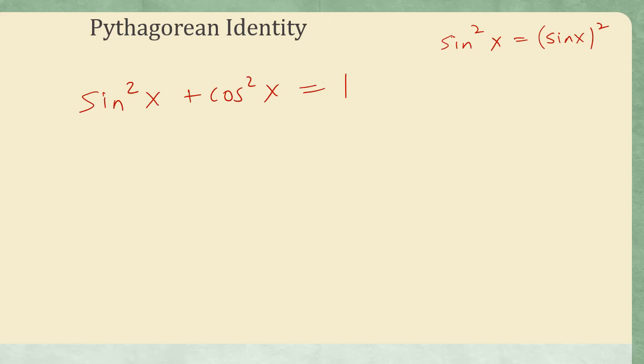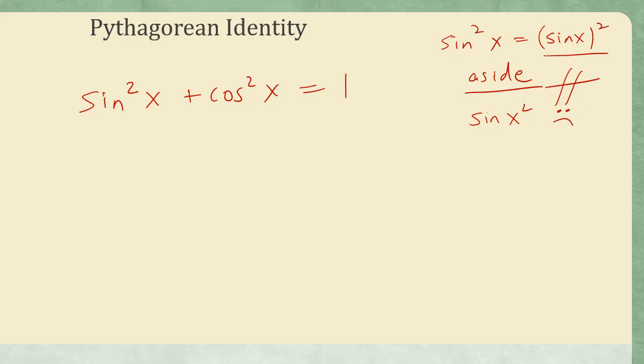The reason why it doesn't go on the outside, I guess we'll write this as an aside, is that if you were to write the square on the x, that tells me to square x and then take the sine of it, but I don't want to do that. I want to take my final answer and square it. So these two things are not equal. Little sad face.